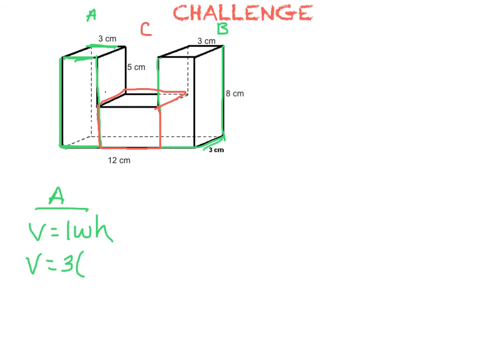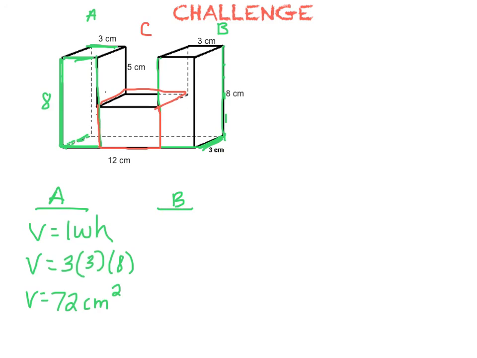Over here, I see that this side is 3, which means this side over here is 3. So the width is also 3. And the height up and down, if this side over here is 8, this side over here is 8. So I get 3 times 3 is 9. 9 times 8 is 72 cubic centimeters for that one side.